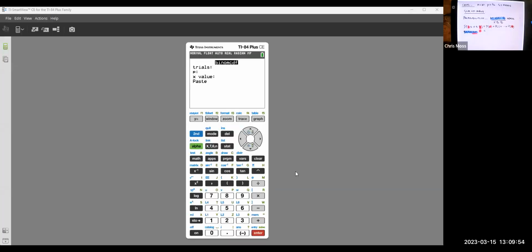So 20 trials. I said 20 trials. 1 out of 2 for P. For X, we have 8 heads. We're going to go ahead and paste that in. And we get 0.2517, so 0.252.